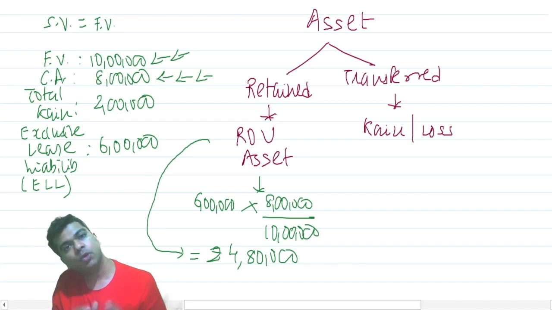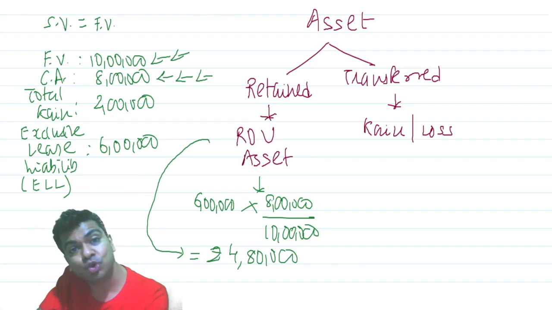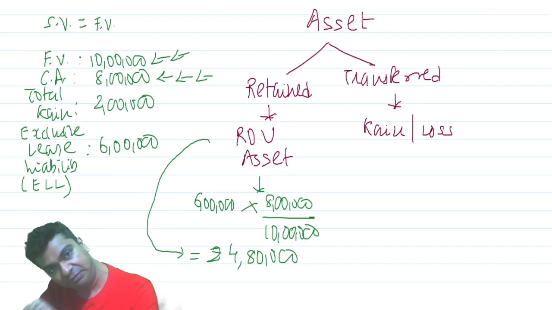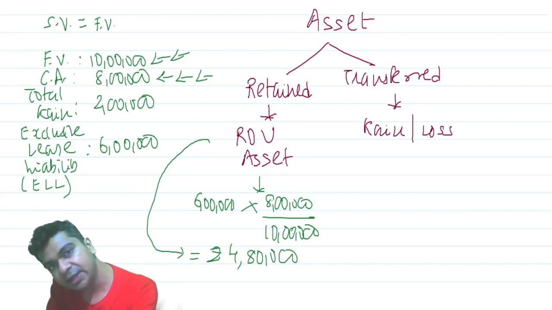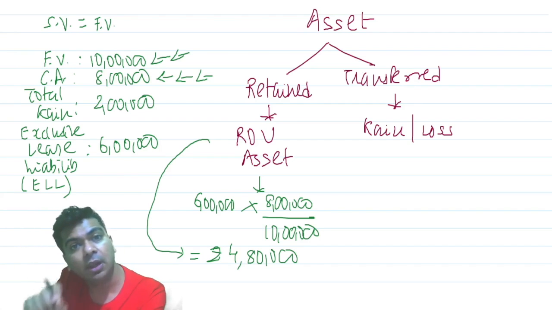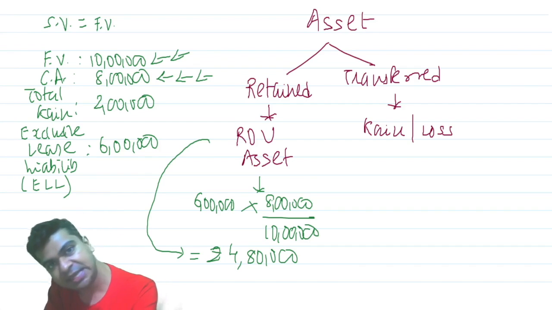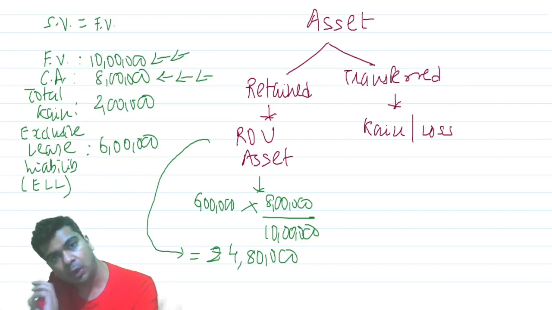And since you are going to show this asset in the books, asset is always shown at its carrying amount. So I will take the proportion of the carrying amount to the fair value, and I realize it's turning out to be 4,80,000. So I will incorporate as a lessee ROU asset of 4,80,000.